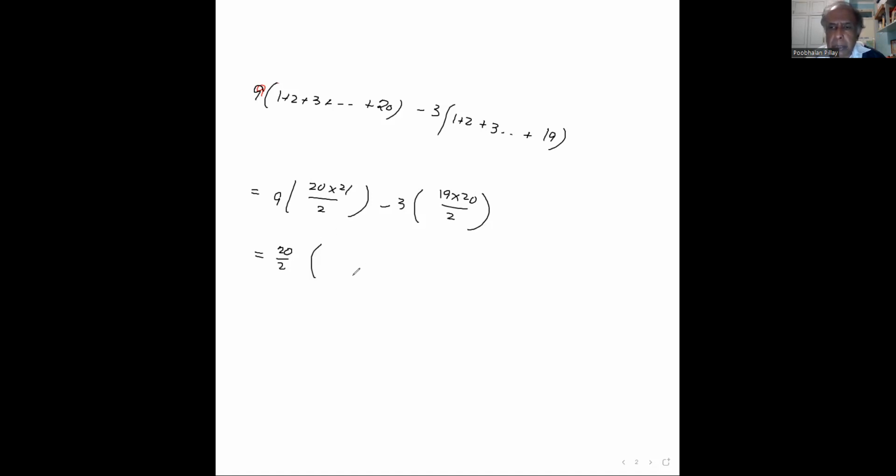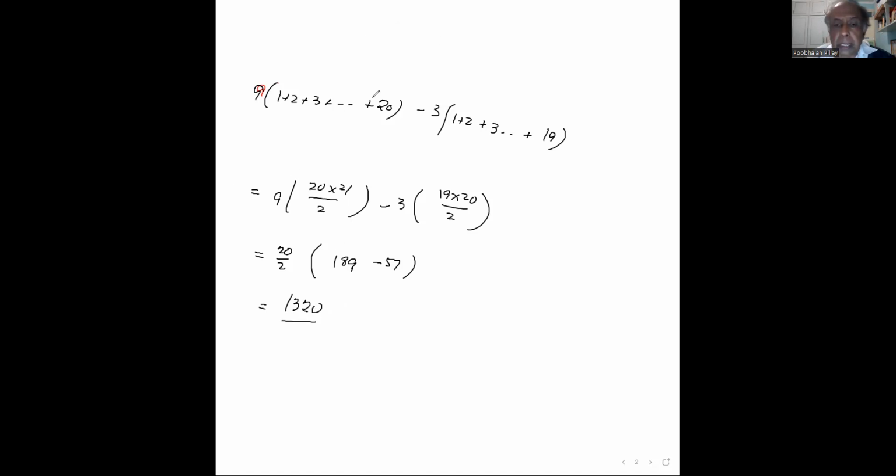If you take it out, it's 9 times 21, which is 189. And taking 20 over 2 out here, you have minus 3 times 19, which is 57. So you can use algebra to calculate quickly. This gives you, I think, 1,320.